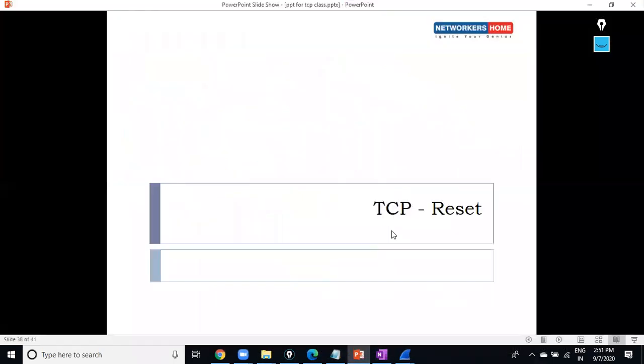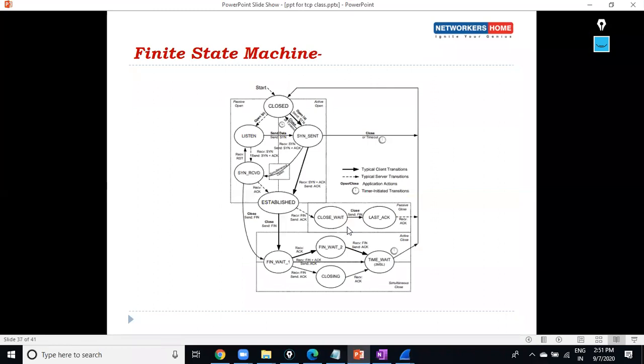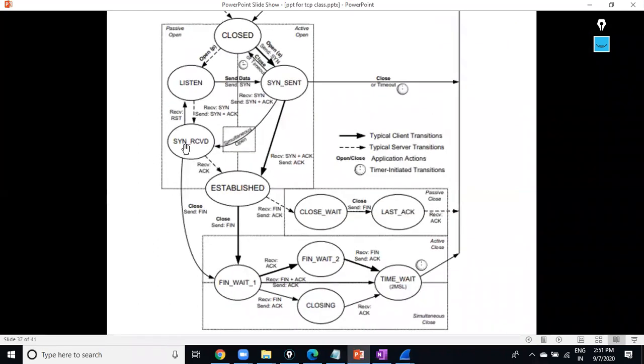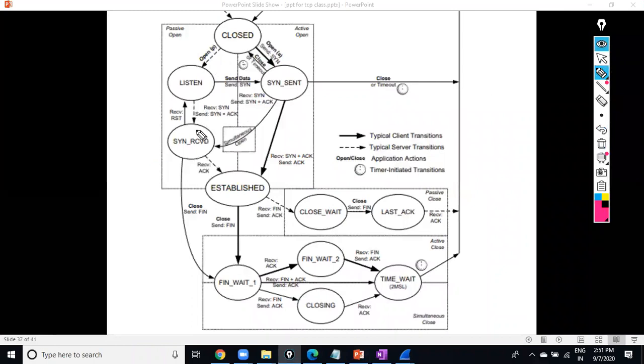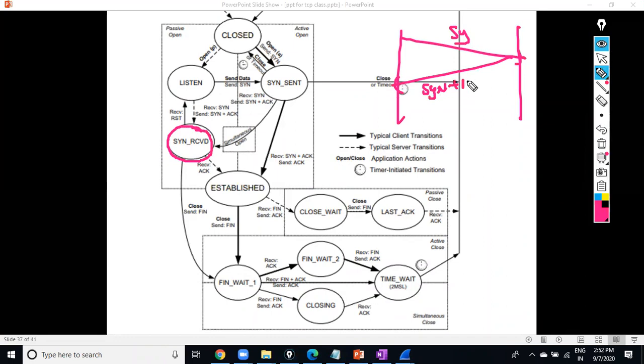If you remember, going back to this one, see when I was in the SYN received state. Consider this is the SYN plus ACK, and now I'm in the SYN received state on the other side. The two-way handshake is done and this side is expecting an acknowledgement, but in place of the acknowledgement, maybe that connection has terminated, or that device has been switched off.